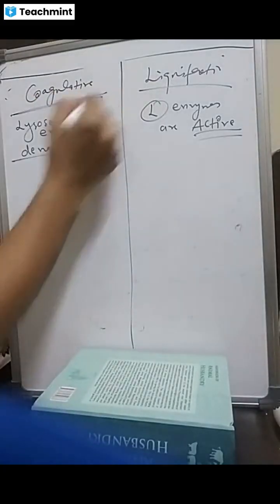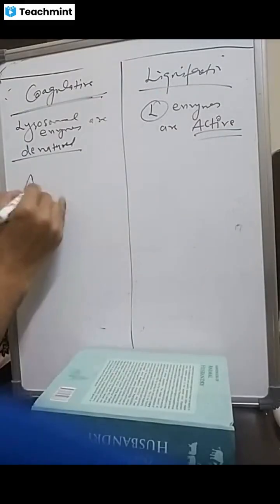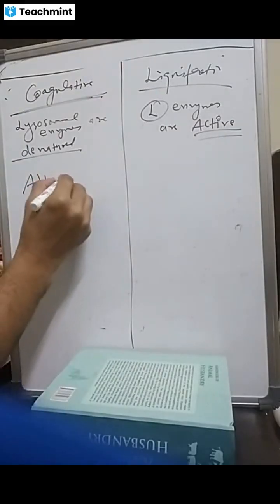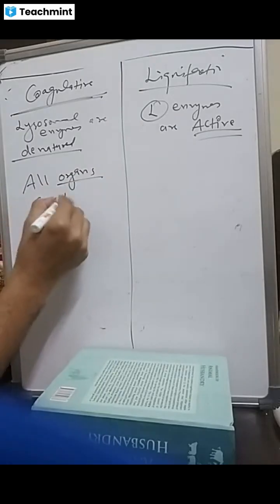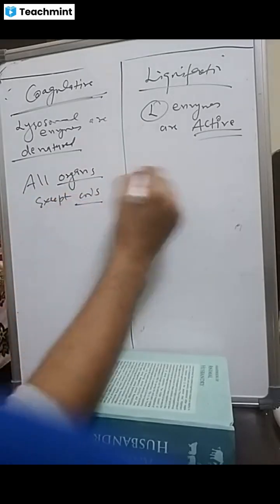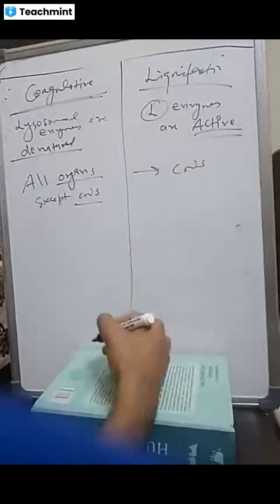Coagulative necrosis occurs in all organs except the CNS. Liquefactive necrosis also occurs in infection where there is formation of pus.